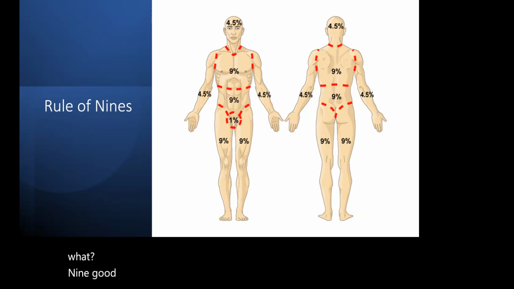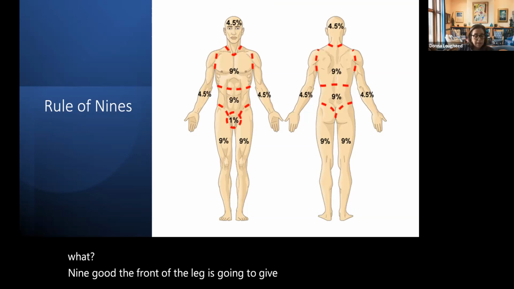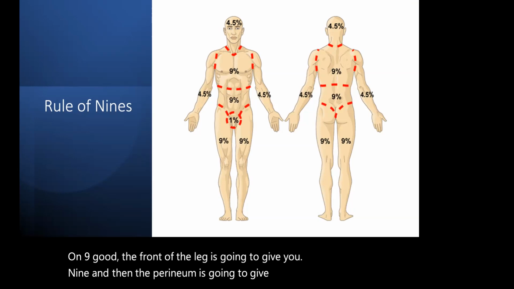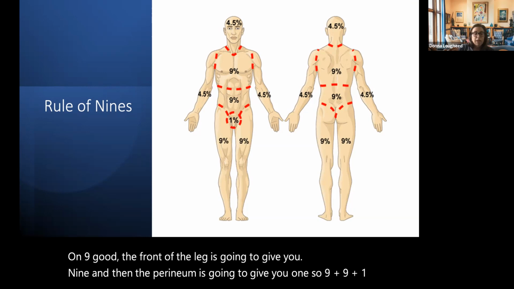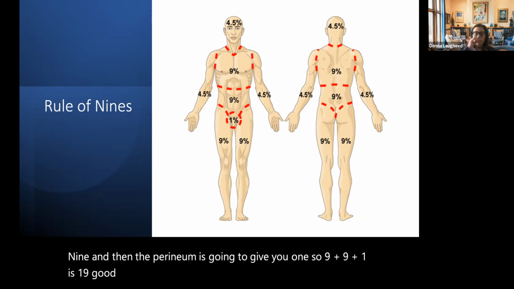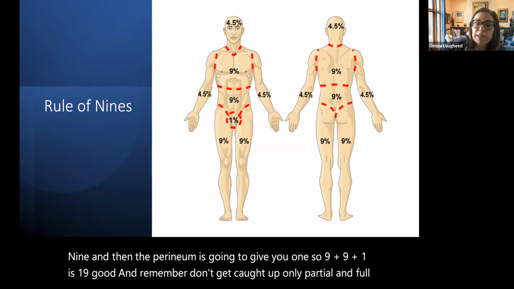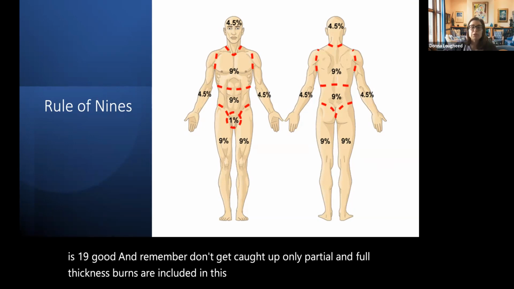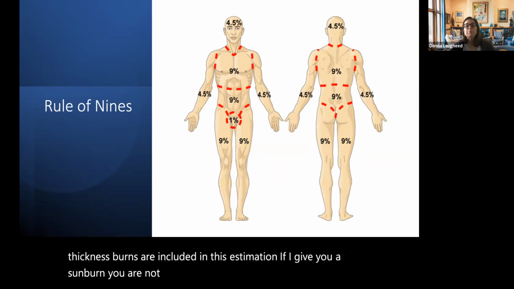The front of the left leg is going to give you 9, and then the perineum is going to give you 1. So 9 plus 9 plus 1 is 19. Good. And remember, don't get caught up. Only partial and full thickness burns are included in this estimation. If I give you a sunburn, you are not using the rule of nines or fluid resuscitation because sunburns are superficial.